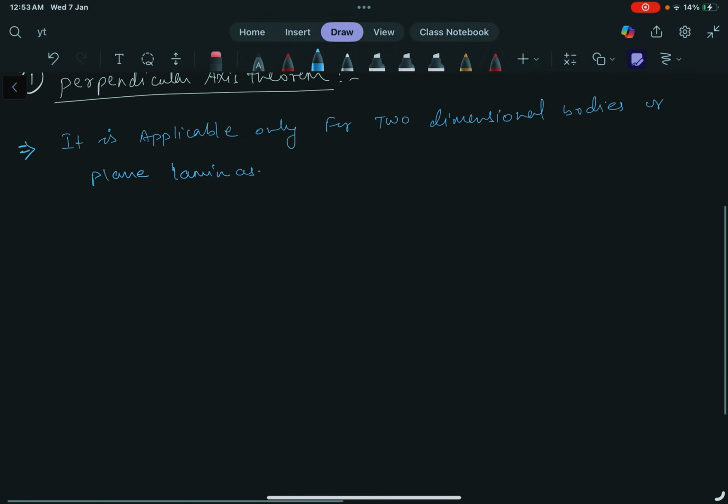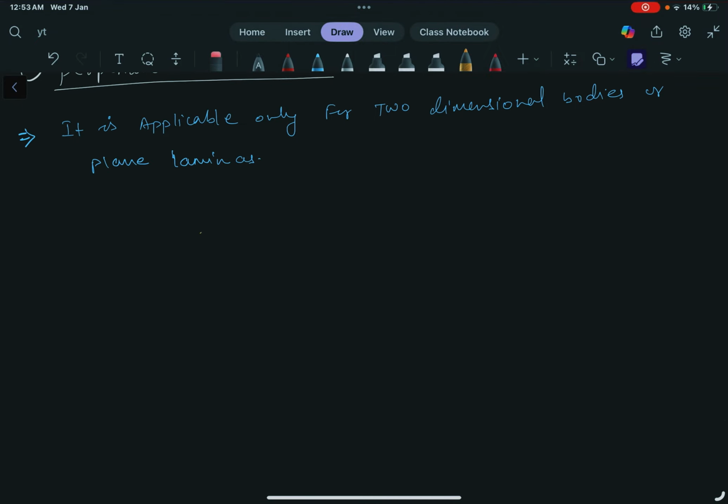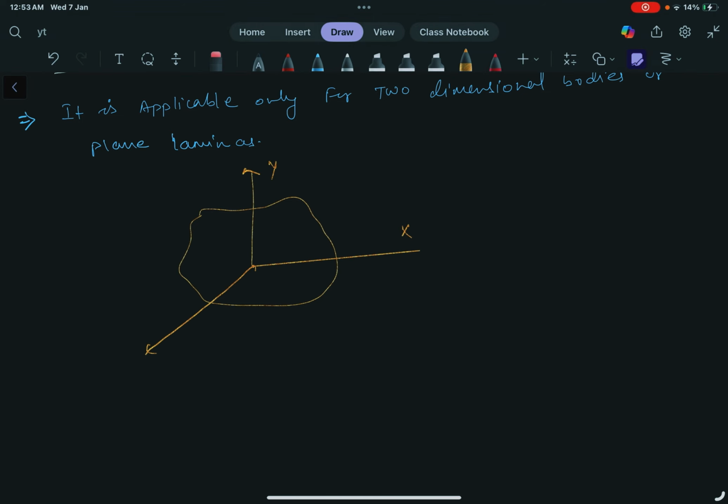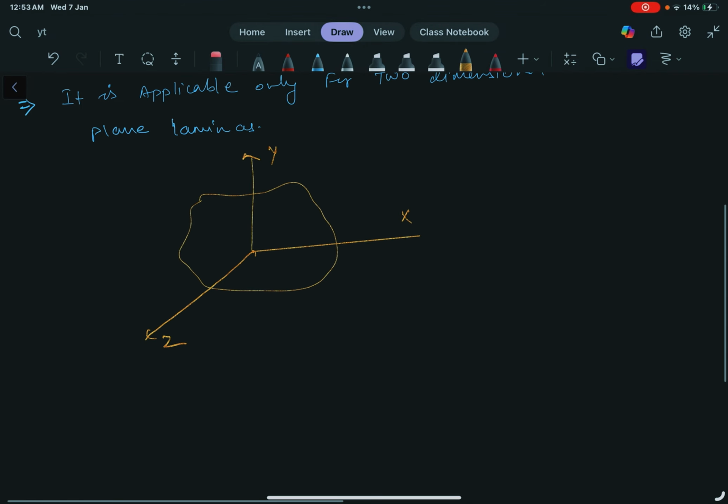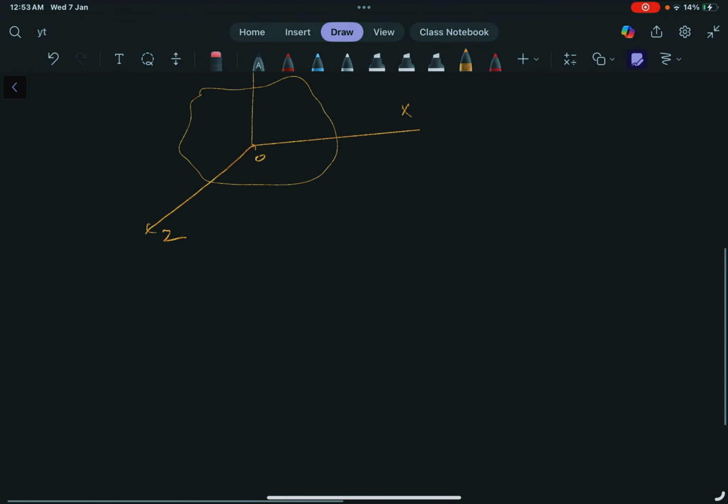Suppose I have a body of any shape, with x, y and z axes.